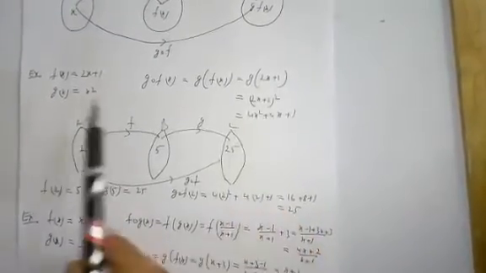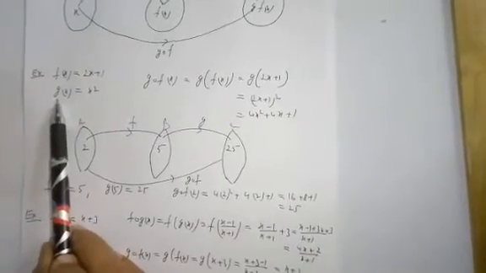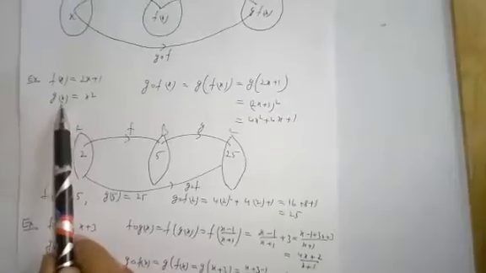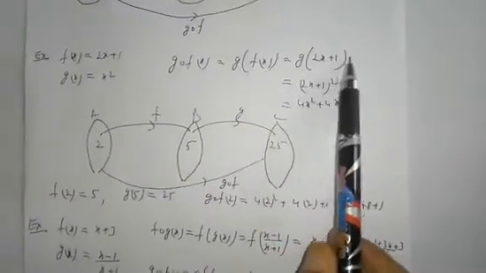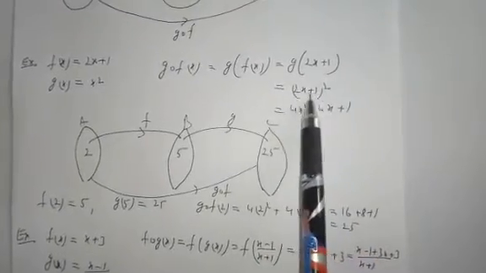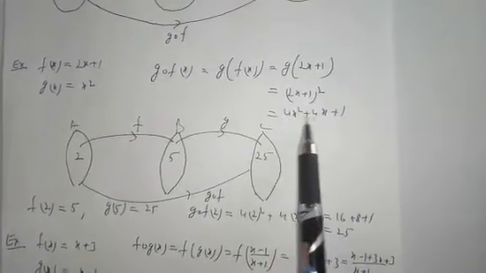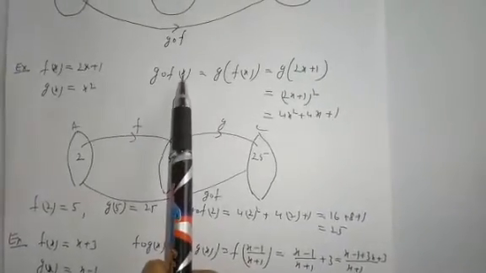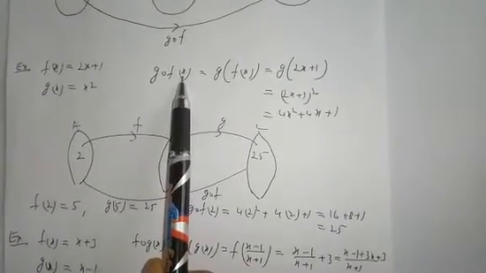What is the function g? Function g is x square, which means it squares its input. In the same way, now the input is 2x plus 1, so we take its square: it is 4x square plus 4x plus 1. Now we put 2 in place of x.